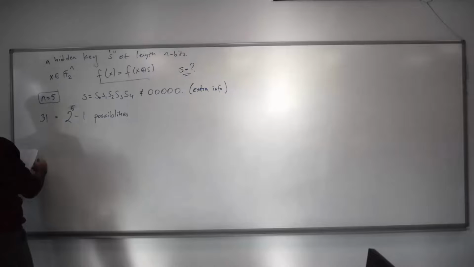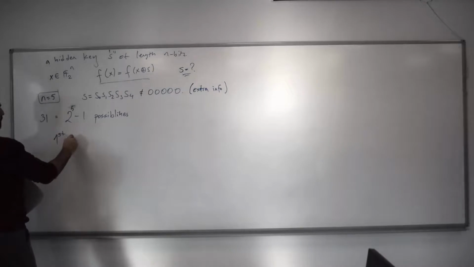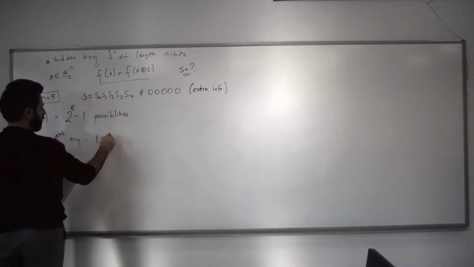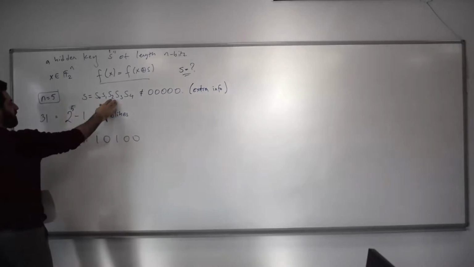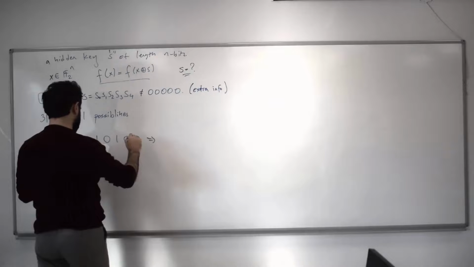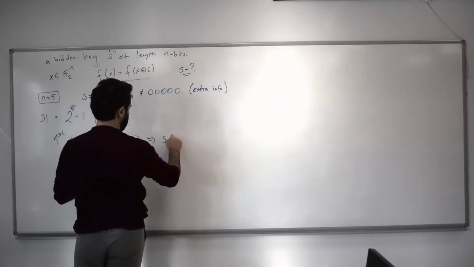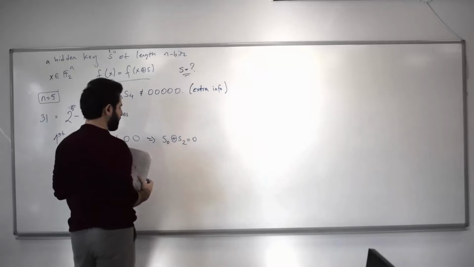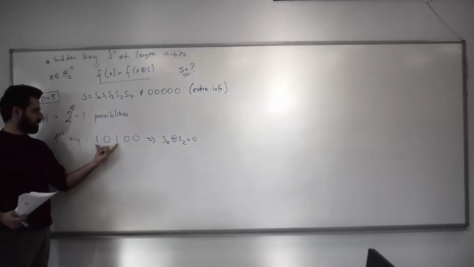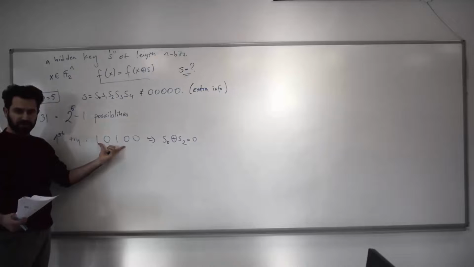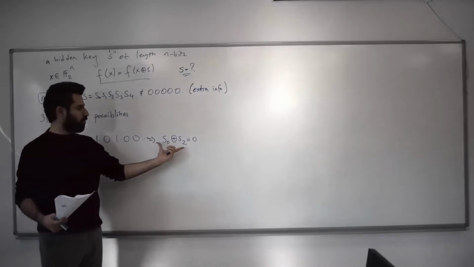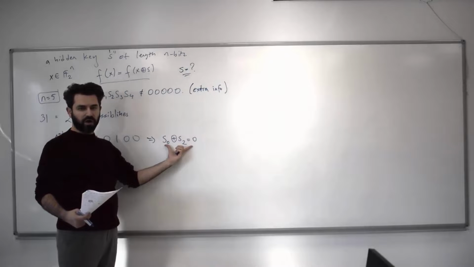Let's suppose that the first try gives you 1, 0, 1, 0, 0 for the 5 bits. This implies that S0 XOR S2 equals 0. Why? Because at the locations of S0 and S2 there are 1s, so the dot product should give you 0, and this boils down to this simple equation.